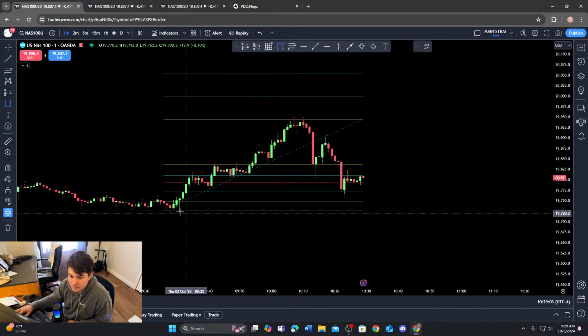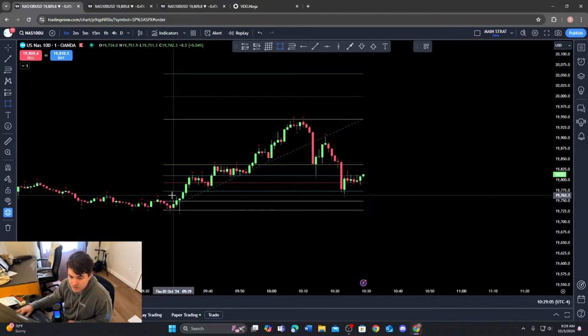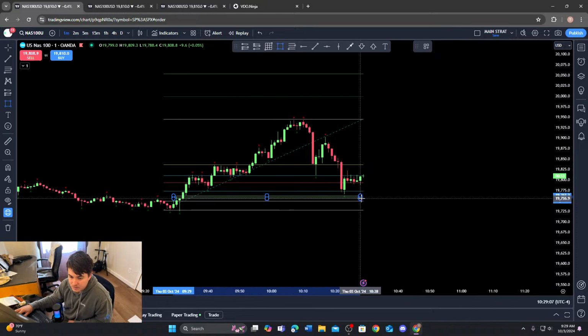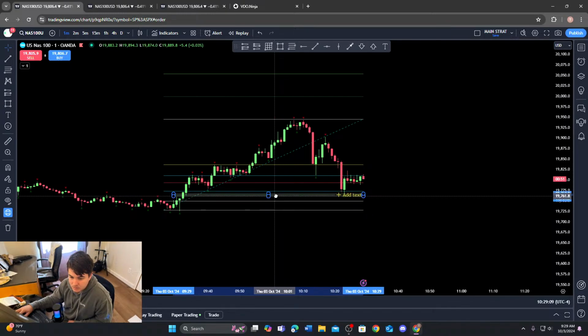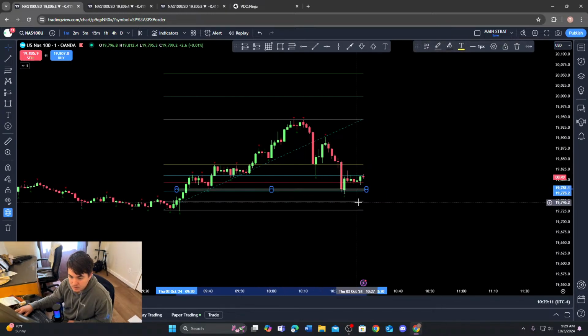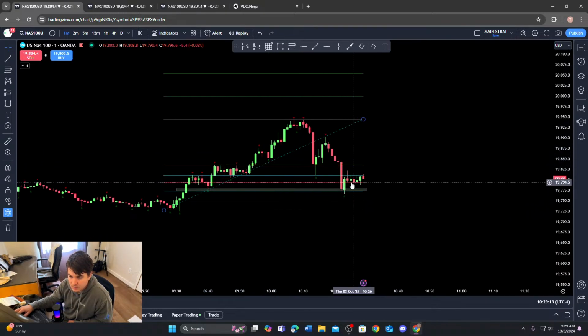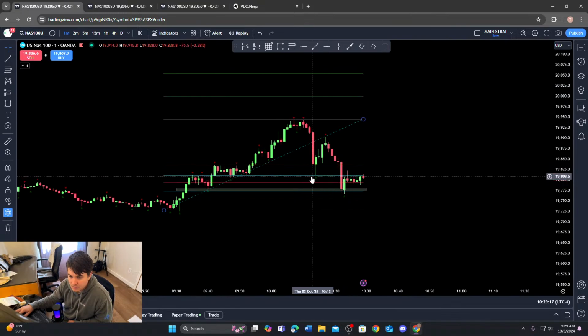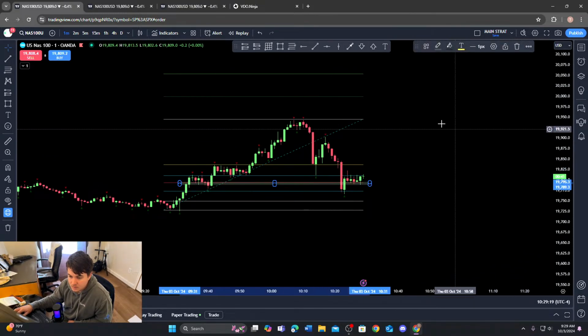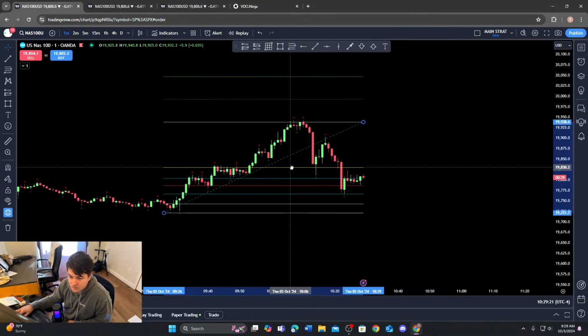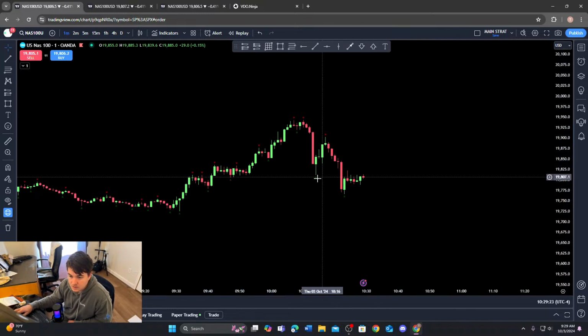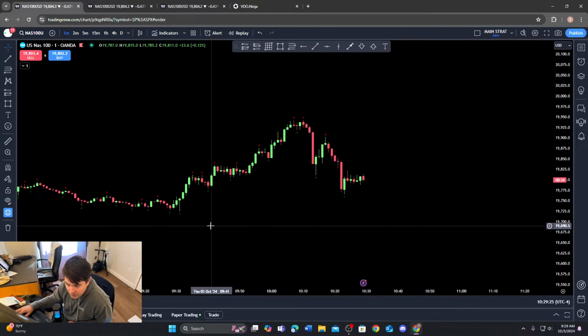We're trading off of the first presented fair value gap of the day, right here and right here. Price rejected off of that, so you can see this is at a discounted level. So yeah, I do that on the micro scale.